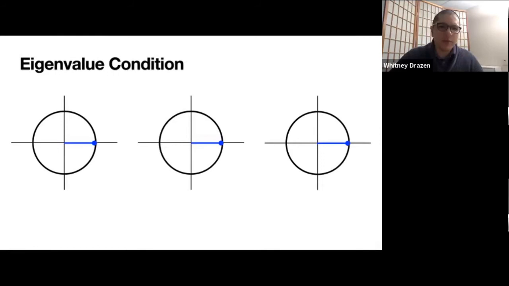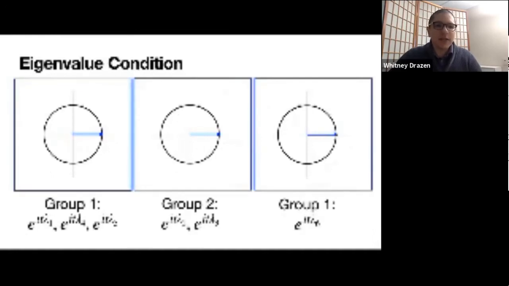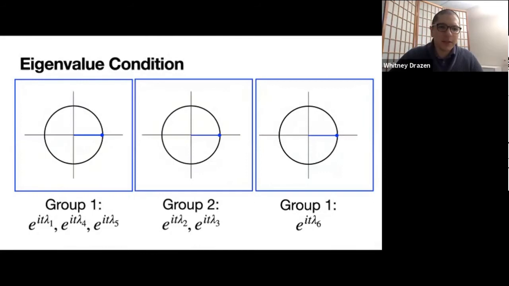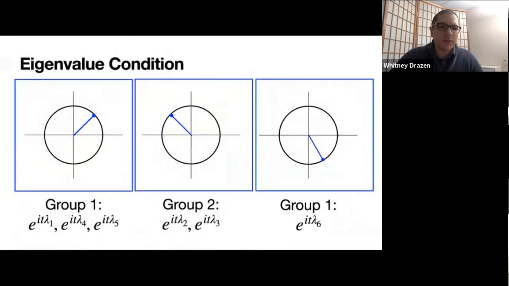And then once we group those eigenvalues, we need the eigenvalues in those groups to correspond at some time t. So graphically, what that means is that as these eigenvalues are rotating around the unit circle, we're going to get fractional revival if and only if the eigenvalues in these groups align.